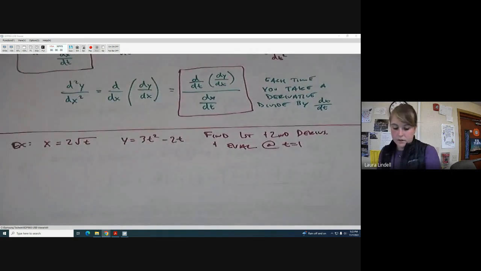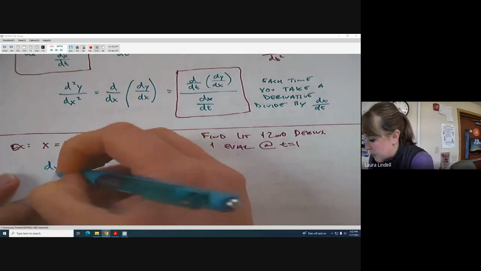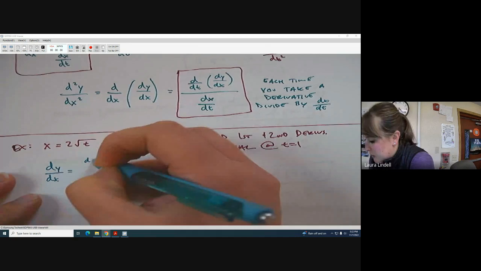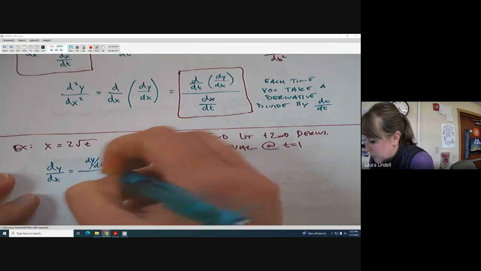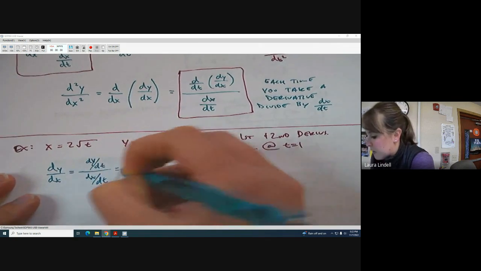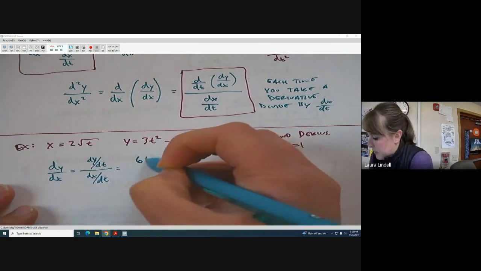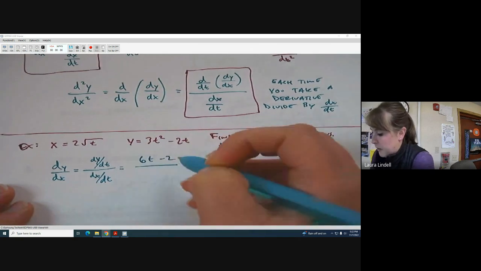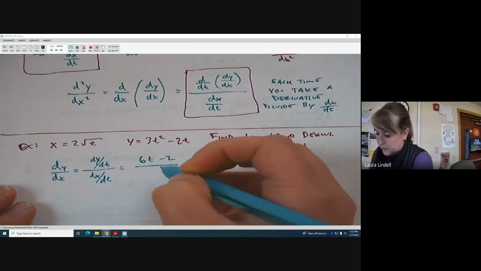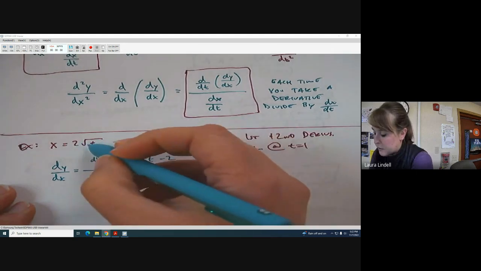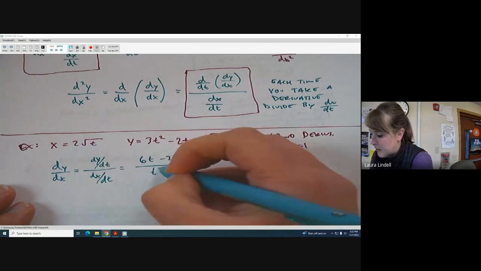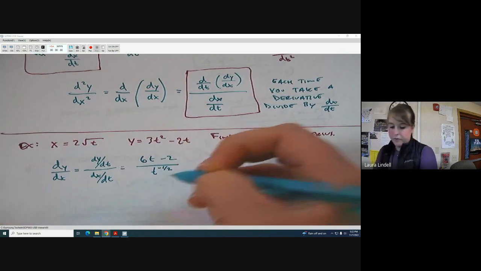Okay, so finding the first derivative, simple enough, right? We're just taking the derivative of y divided by the derivative of x. So first derivative, dy/dx, is dy/dt over dx/dt. On this one, we get 6t minus 2 on the top, and then on the bottom, that's going to be 2t to the 1/2 derivative, so t to the negative 1/2.